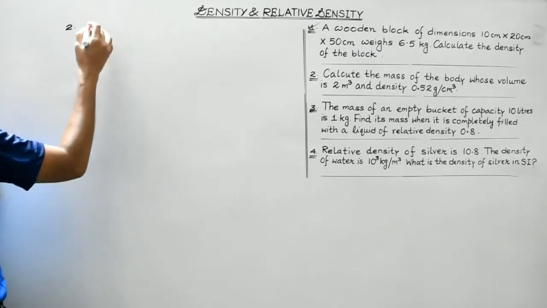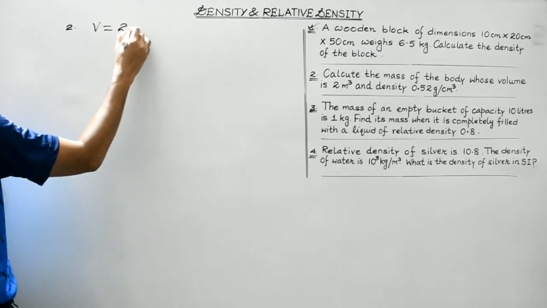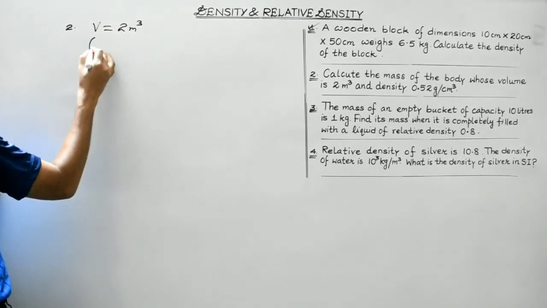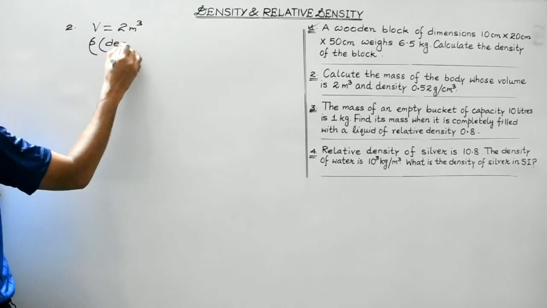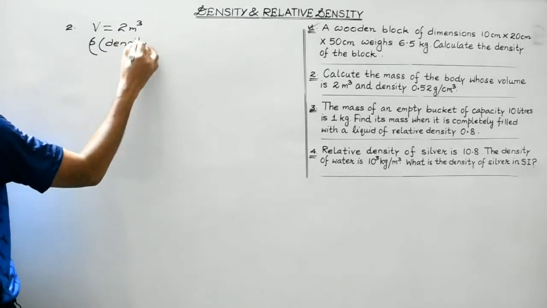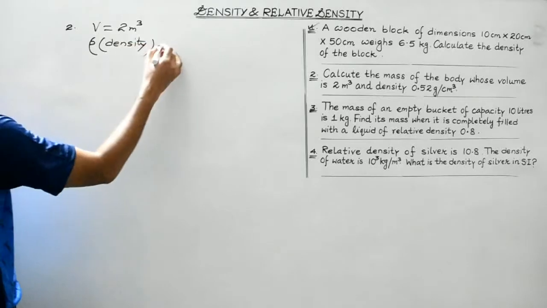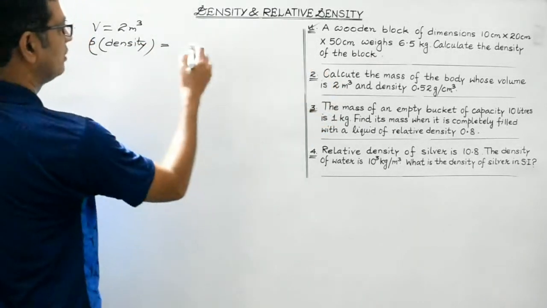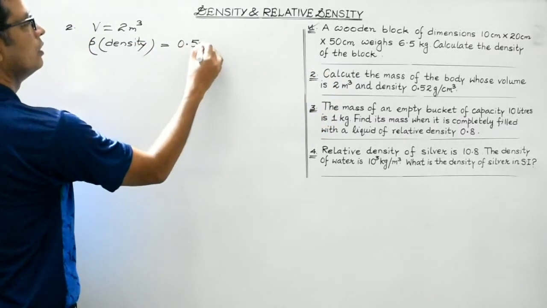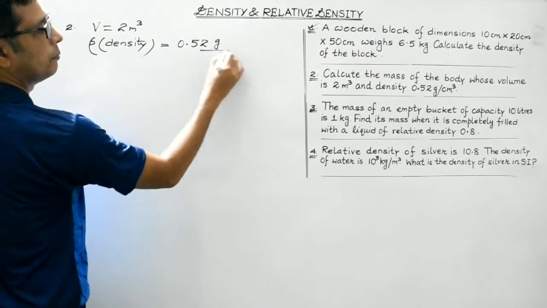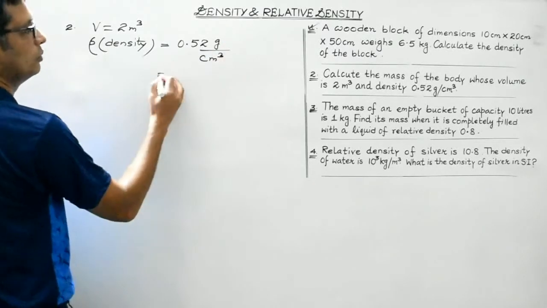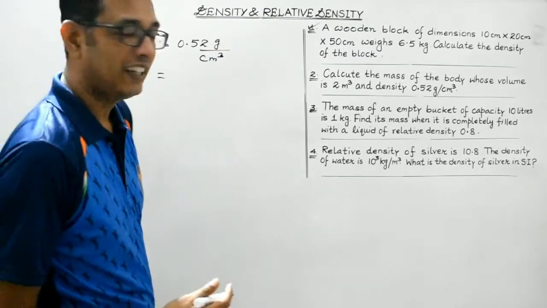Okay, mass is to be found and volume is given to be 2 meter cube. Density, let us represent it by rho. This is known as rho. It is given to be 0.52 gram per centimeter cube. So let's convert it in SI.